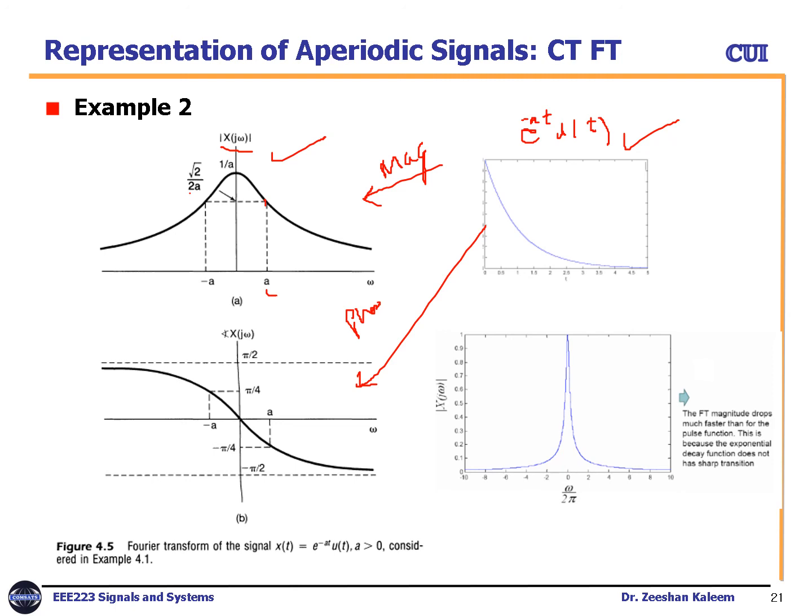This is another representation of the same magnitude. From here you can notice that the Fourier transform magnitude drops much faster than for the pulse function. Previously you noticed that the Fourier transform of a pulse, because a pulse has a sharp transition, was like a sinc function.